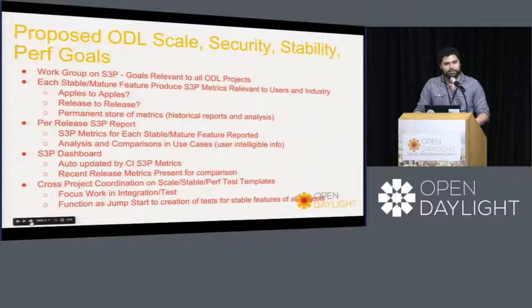I don't know if anybody here can succinctly explain to me what OpenDaylight OpenFlow plugin performance is like, or how well does OVSDB scale, or how well do other projects do what they need to do. If we can't succinctly explain it to each other easily here, we can't expect users or the industry to be able to do that either.